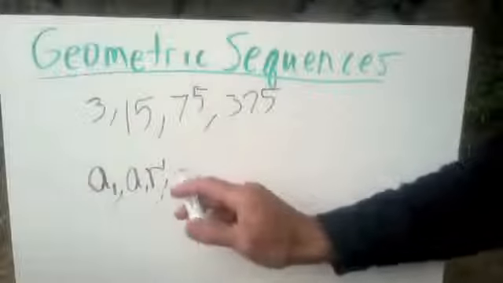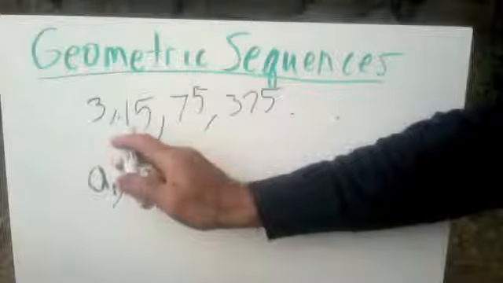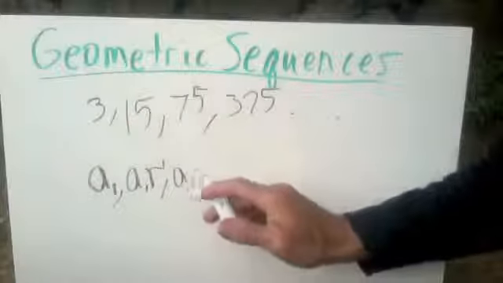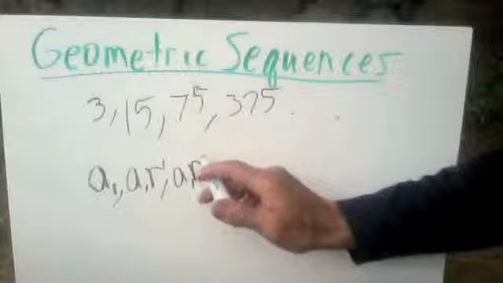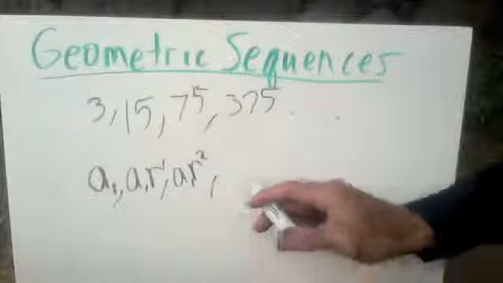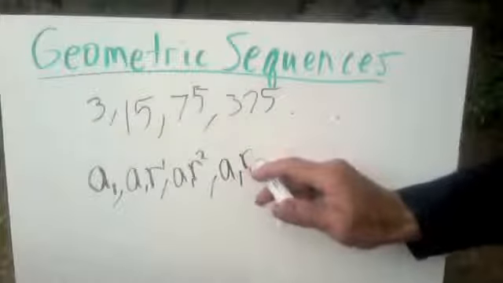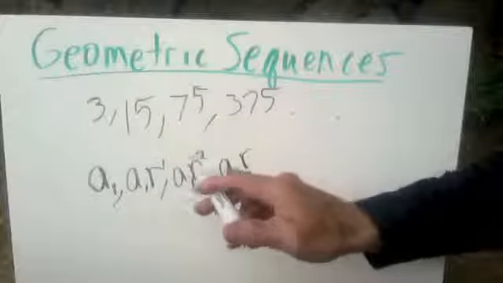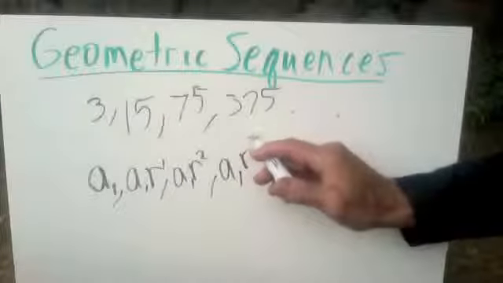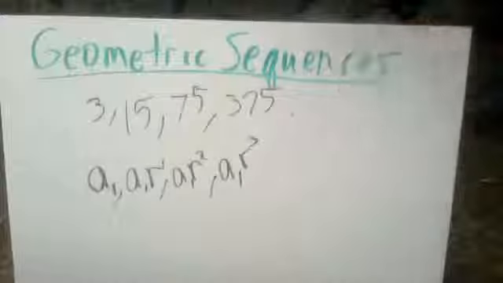The next one is going to be A1, and we times it by the ratio, and then we times it by the ratio again. So it's the ratio squared. Our next one is going to be A1 times the ratio, and it's going to be cubed this time. Okay, do you see how that's going?